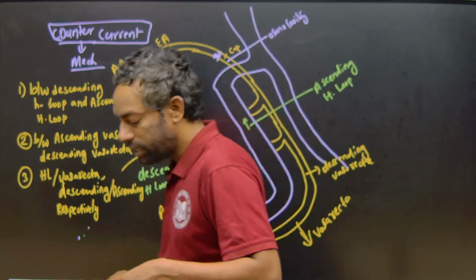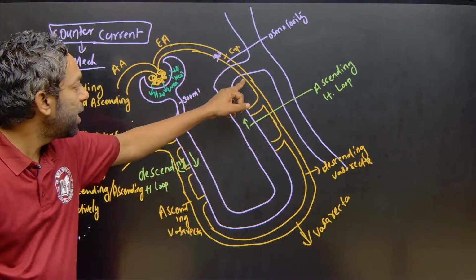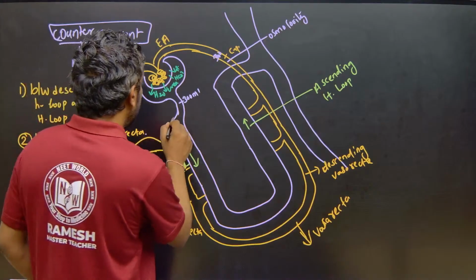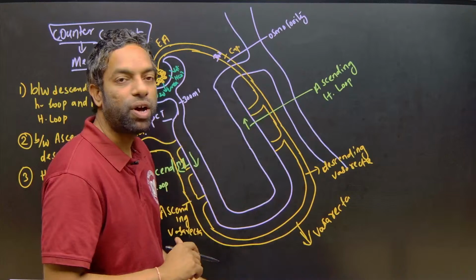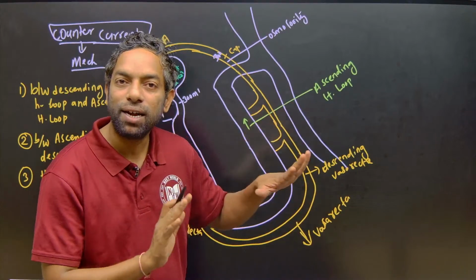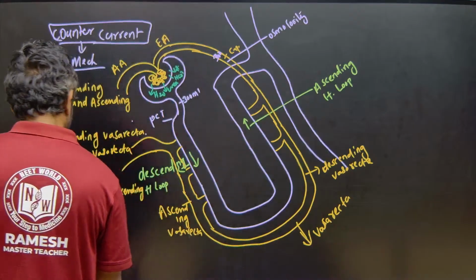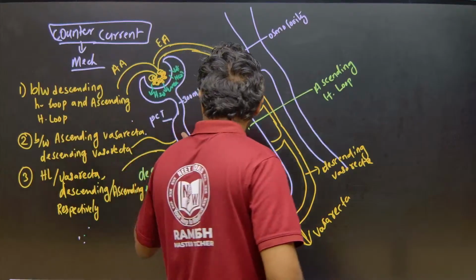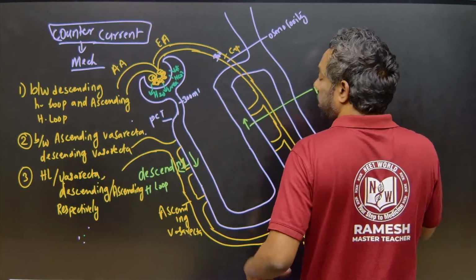So there is no difference between the descending Henle limb and the descending Vasa recta; it is 300 osmolarity only. Here, guys, you have to remember this about the descending Henle limb, point 1, which is important.